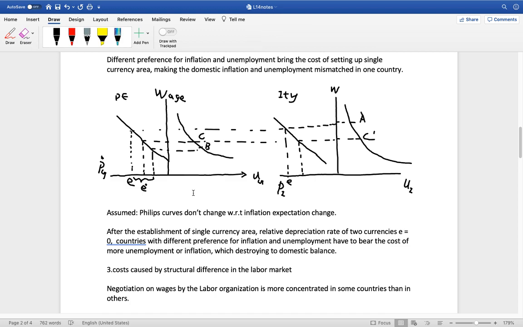The inflation rate can be expressed by the difference between the wage increase rate of the country and the labor productivity's increase rate. So the inflation can be denoted by the increase rate of the wage and the increase rate of the labor productivity.